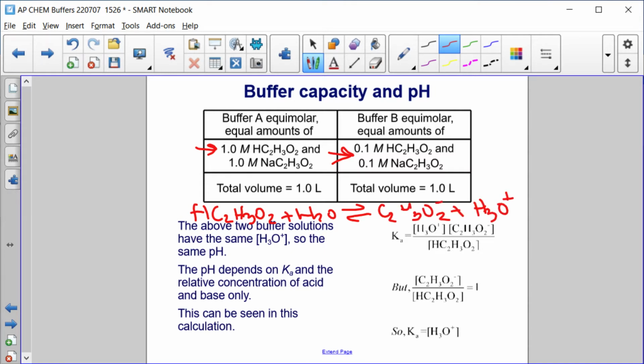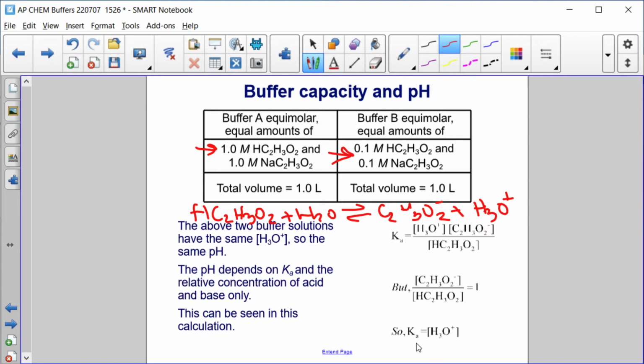Okay, and so at equilibrium, Ka is the hydronium ion concentration times the acetate ion concentration over the acetic acid concentration. But because these two concentrations are the same in both buffer A and B, this ratio is 1.